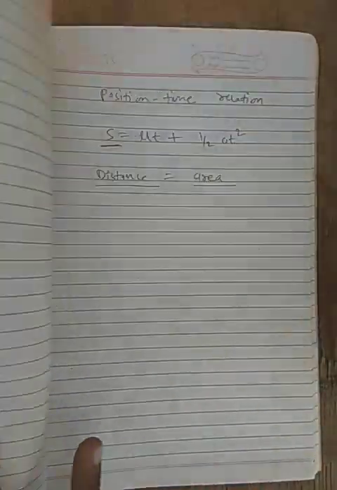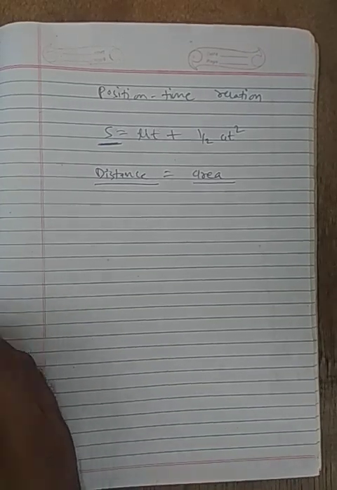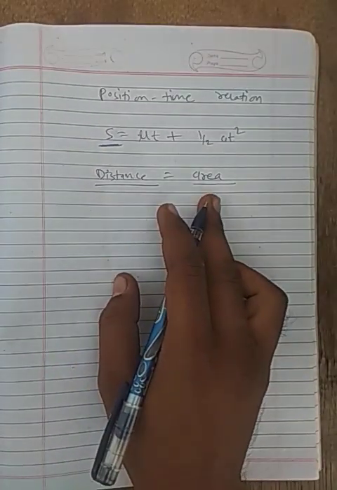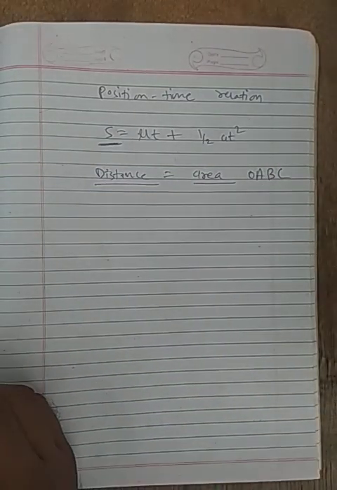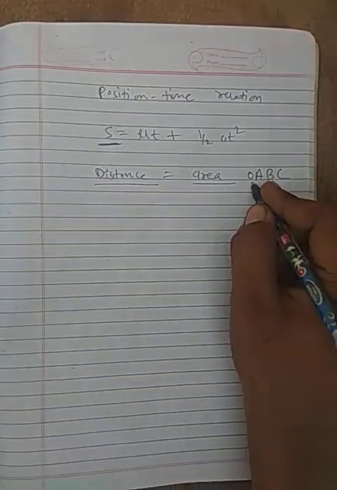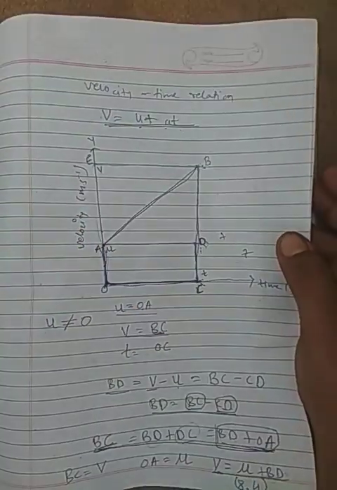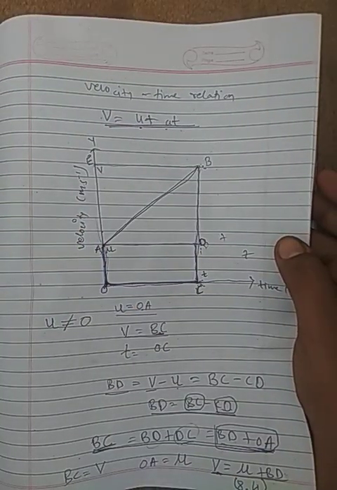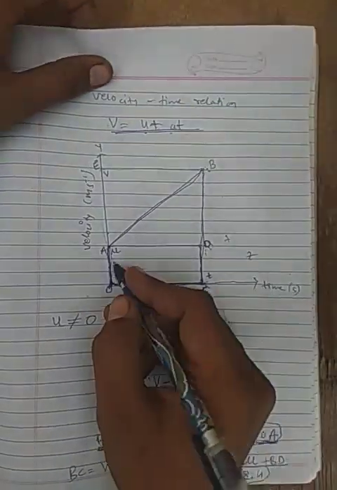In our equation the main thing is distance S, so distance is equal to area OABC, and we know that this structure OABC is not a kind of structure for which we have a formula to calculate its area.